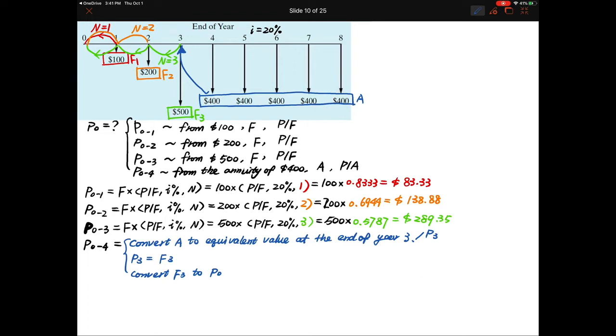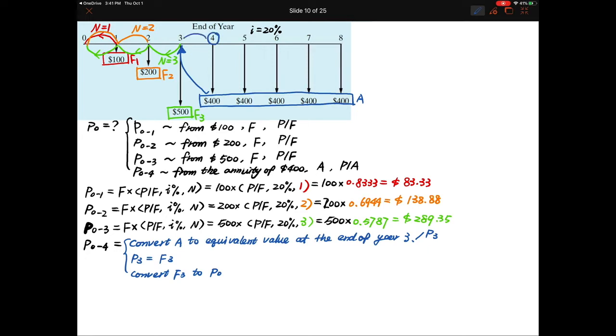This part is complicated, so pause here and re-watch this part. Why cannot we just use the annuity equation? Because if you use that equation, you are just converting the annuity back to one period in advance. Because you are starting at the year 4.